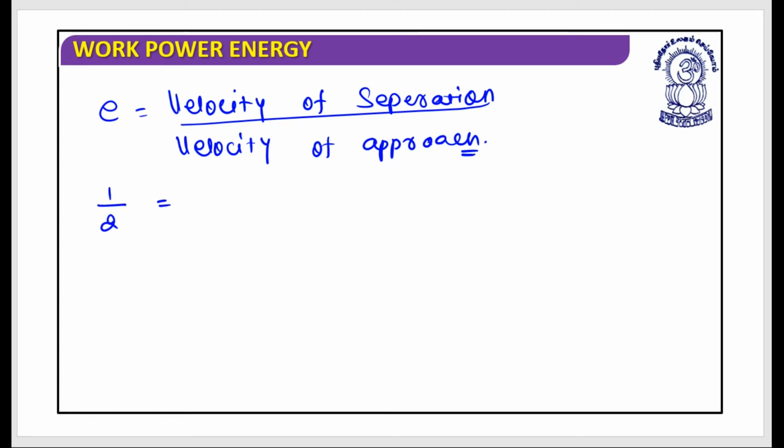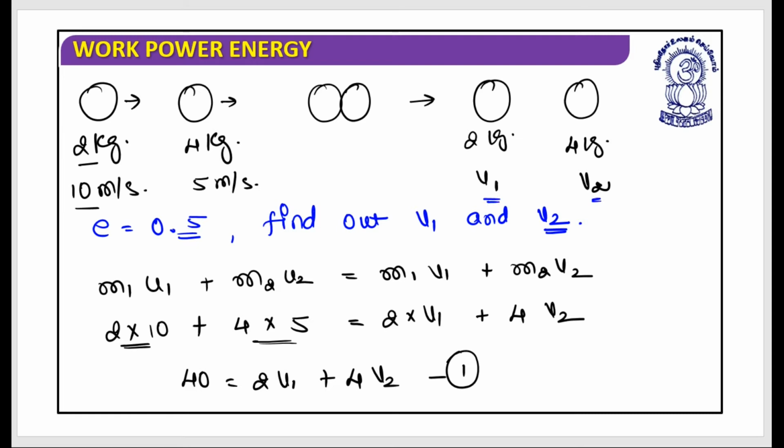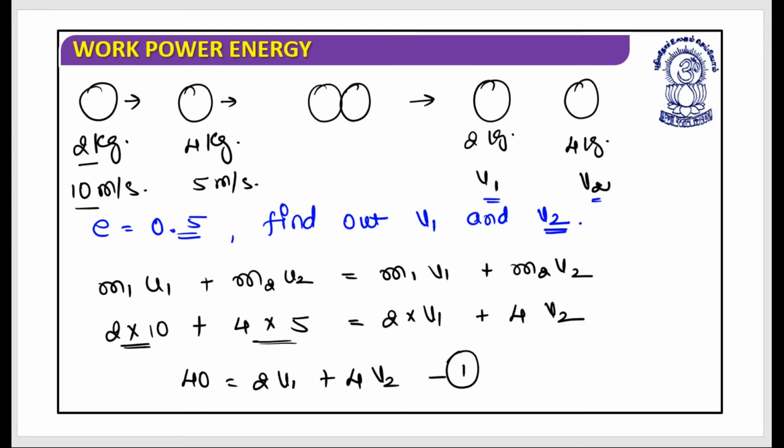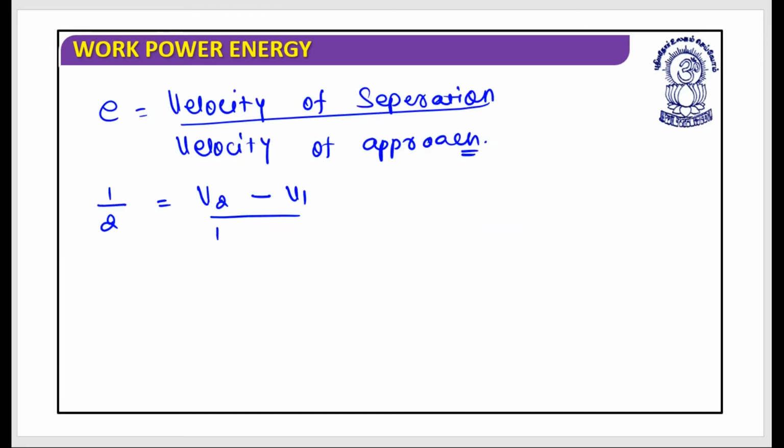So the velocity of separation is v2 minus v1, divided by the velocity of approach, which is 10 minus 5. So v2 minus v1 equals (10 minus 5) times 0.5, so it's 5 by 2. This is relation number 2.